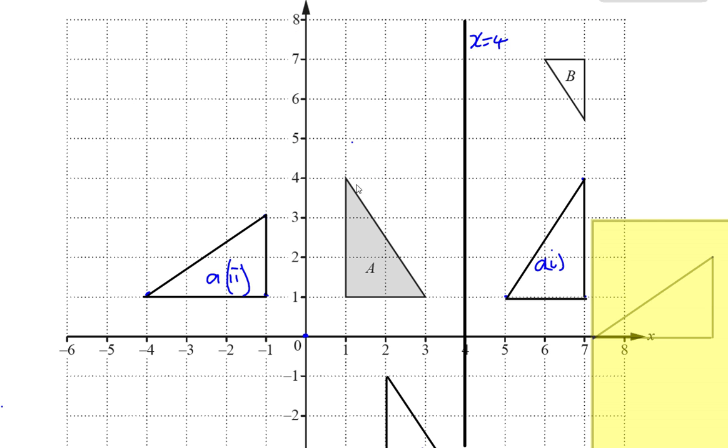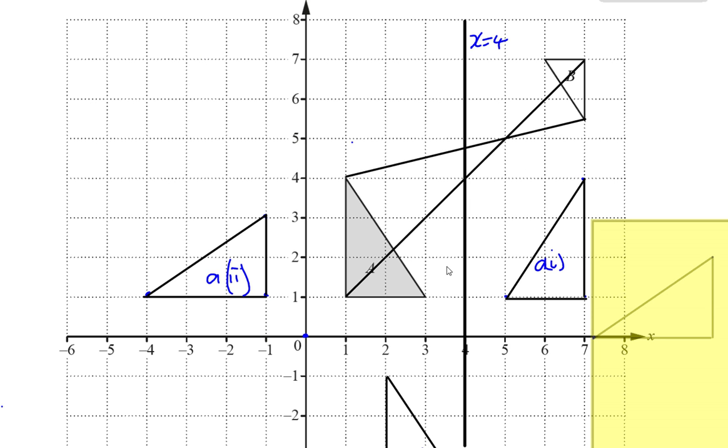Okay, so now, in any case, to find the center of enlargement, you join an object to its image. So I'm joining a point, like this pointed angle at the top, the smallest angle, to the smallest angle. I can join the right angle to the right angle. They have to be corresponding points. Where they meet is the center of enlargement.